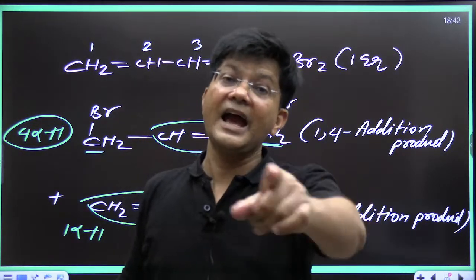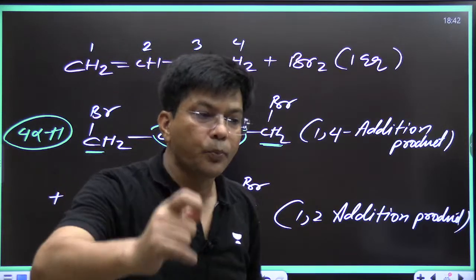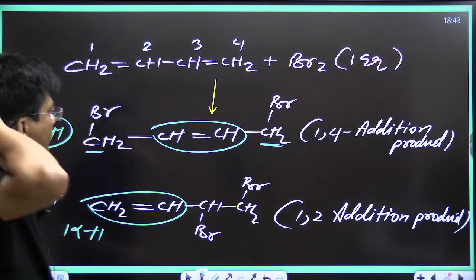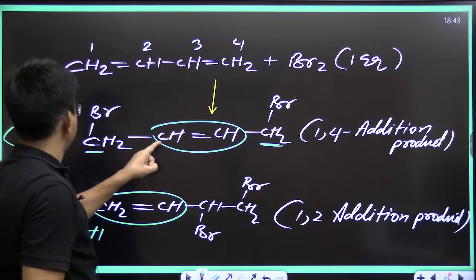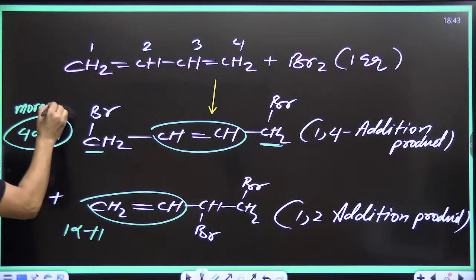And whenever the reaction is reversible, do remember one point. Yeah, very good. Your answer is absolutely correct. This is the thermodynamically controlled product because this is the more stable product.